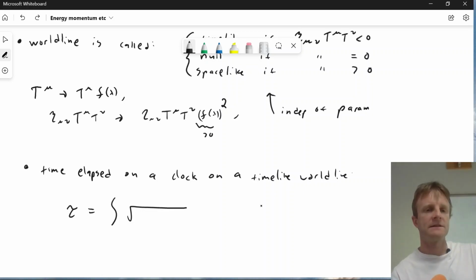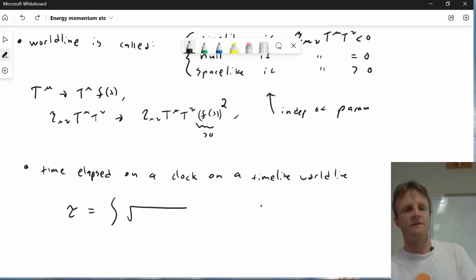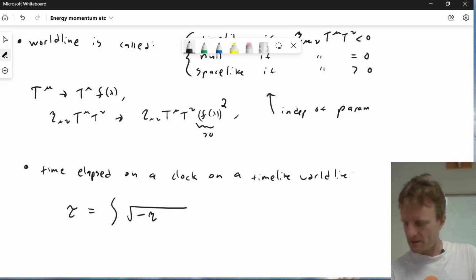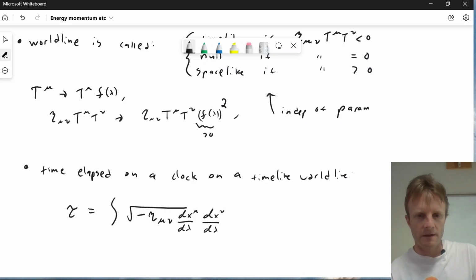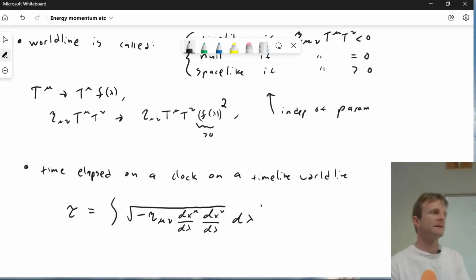Remember, it was dt d lambda squared minus dx d lambda squared minus dy d lambda squared minus dz d lambda squared. So we can write that as minus eta mu nu dx mu d lambda dx nu d lambda, d lambda. Okay, so is this one independent of parameter?